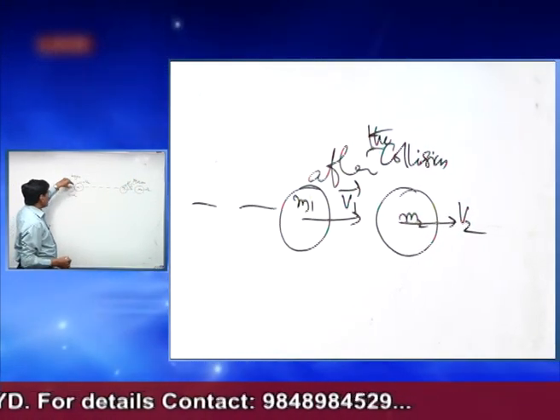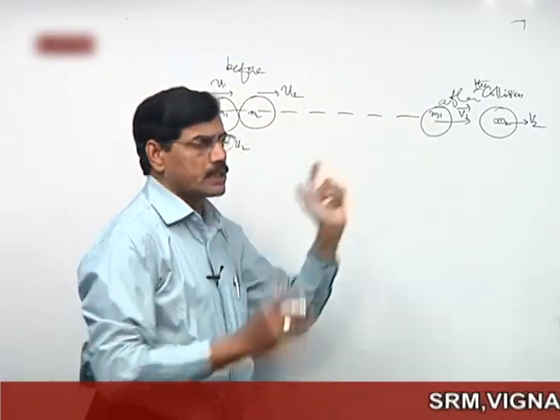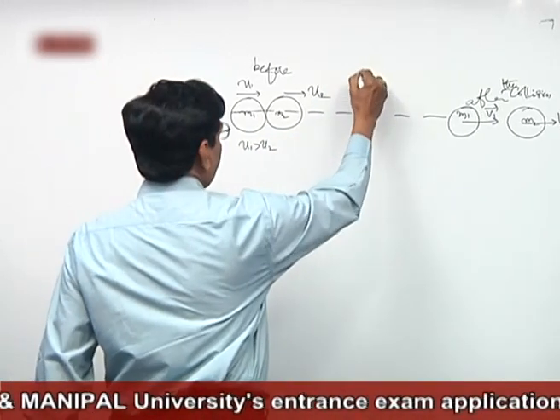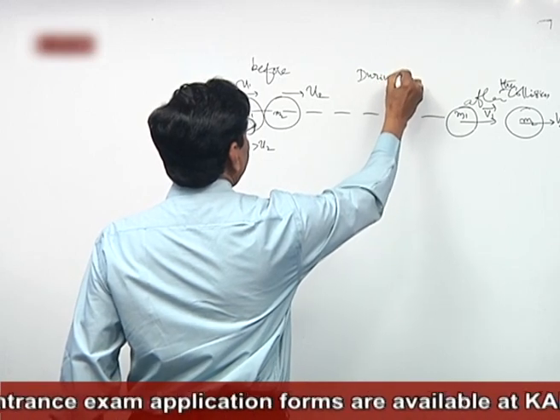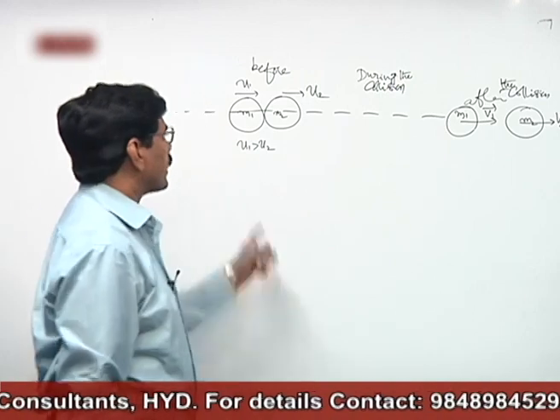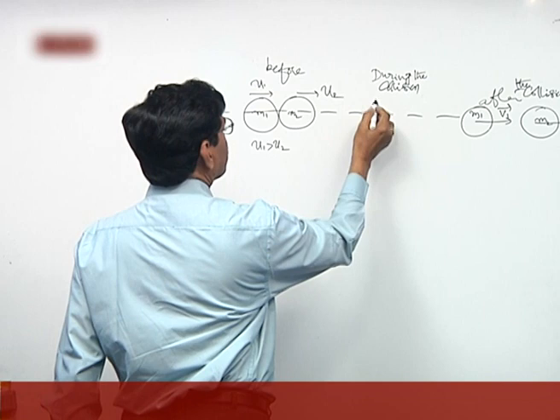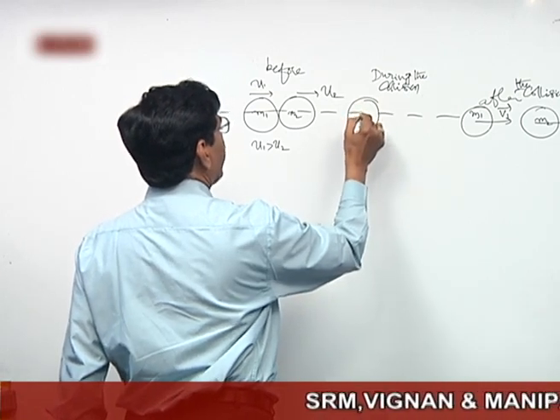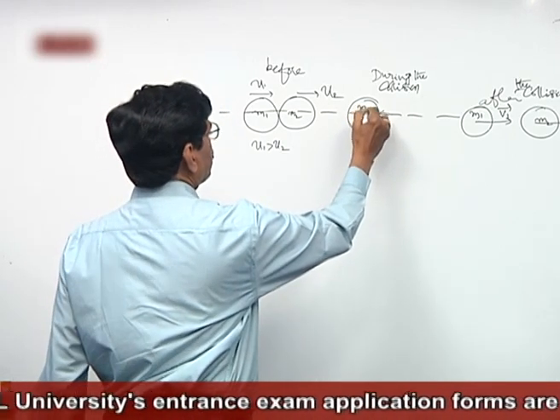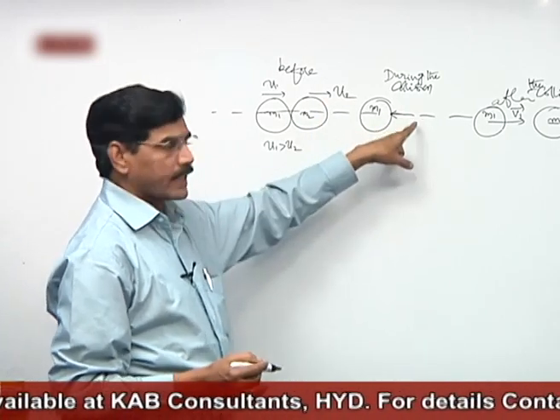Before collision and after collision, there is no interaction, but during collision there is going to be interaction. What is going to happen? During the collision, the bodies start experiencing deformation, assuming there is a physical touch. The first ball will experience a deforming force towards left, exerted by the second ball.